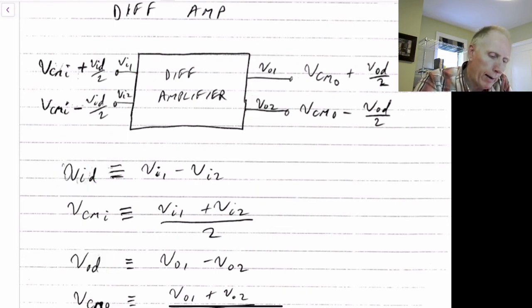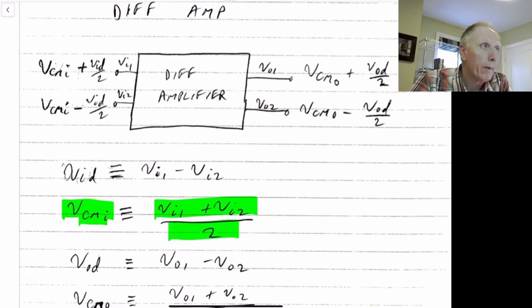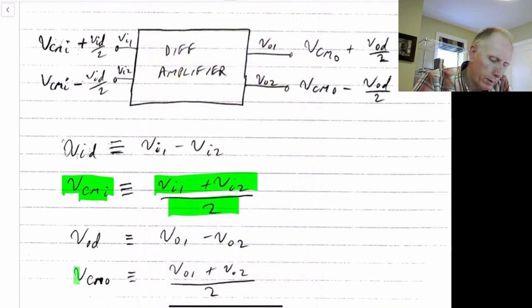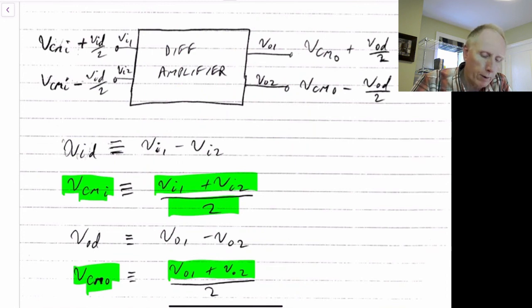We also now have the common mode input, which is the average of VI1 and VI2. And we have the output common mode, which is the average of the outputs, VO1 plus VO2 divided by 2.